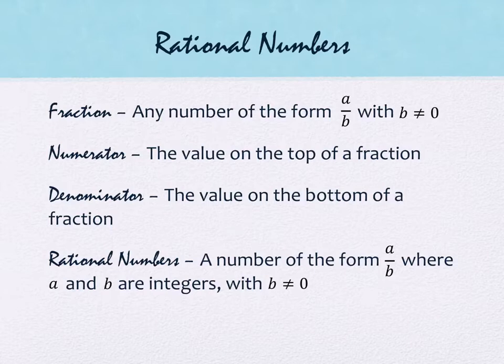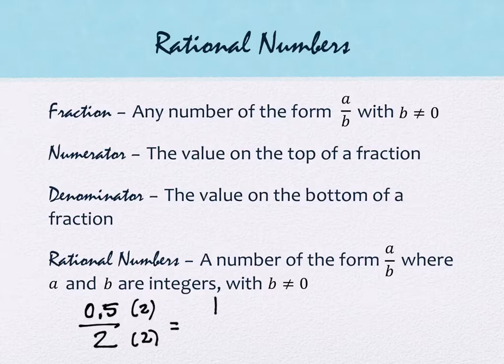For example, if I had that 0.5 over 2 and I multiplied the top and the bottom by 2, I would actually get a whole number 1 on top and the number 4 on bottom. So if I can manipulate it and create it to have an integer top and bottom, then it's still a rational number, even though this original form of it didn't quite fit the description.